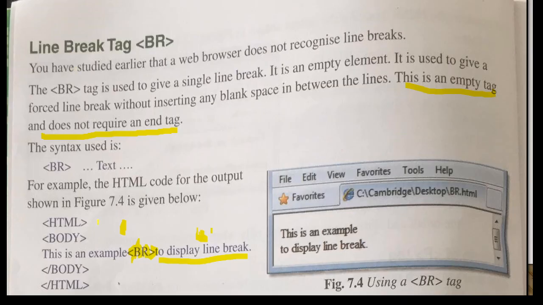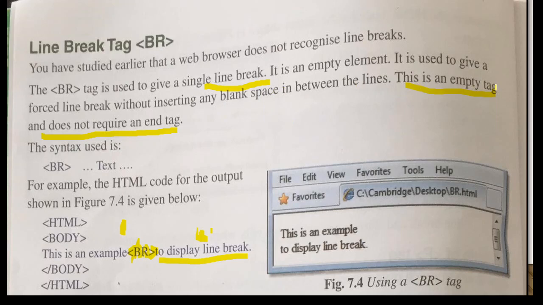Line break. For a line break, you need to use the break tag. The break tag is used to give a single line break. It is an empty element. It is used to give a forced line break without inserting any blank space in between the lines.